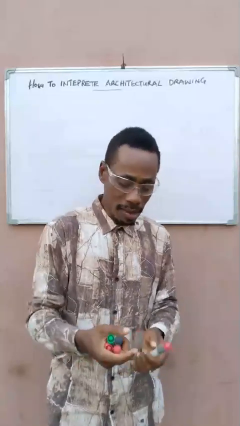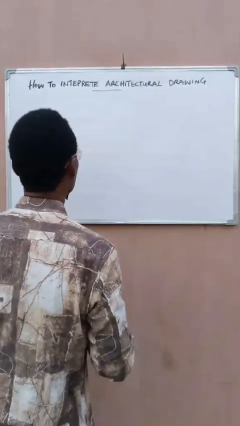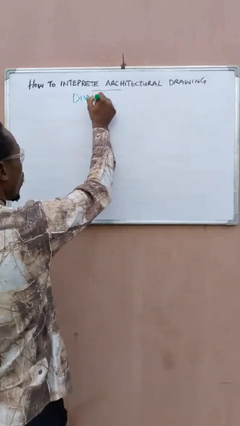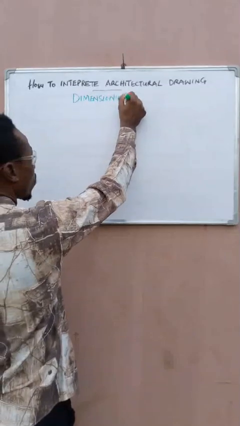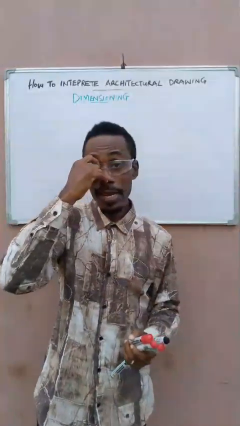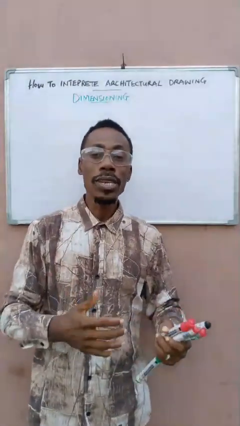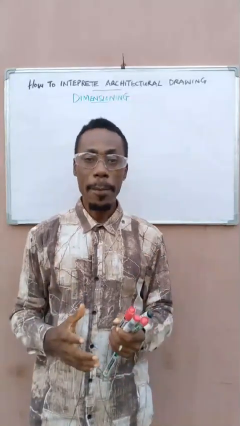So today's class, we are going to look at dimensioning proper. Now, understand that dimensions basically give us provision to be able to know the linear measurements of the various partitions within that building.